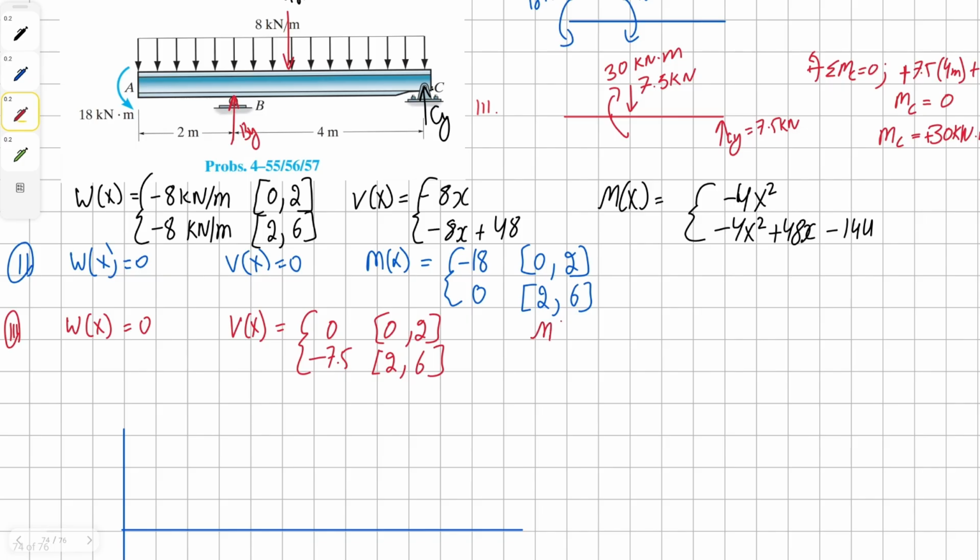And then if we want our moment equation, we take an integral of our shear equations. In this case, for the first region, we're going to have moment as a constant, and we know there is no moment at the cantilevered part, point A, so we're going to have 0 for 0 to 2. And then for the second region, we're going to have negative 7.5x plus a constant, and the constant in this case, we're going to have 30 equals to.